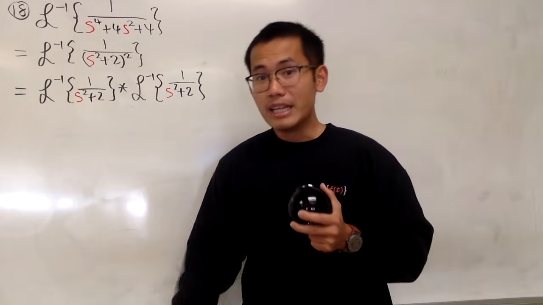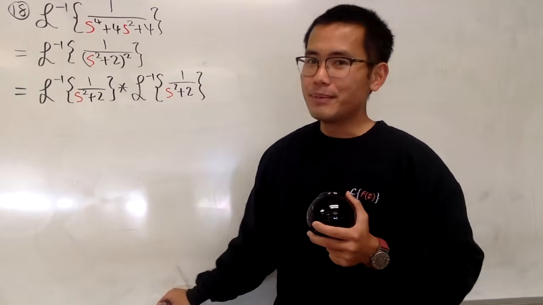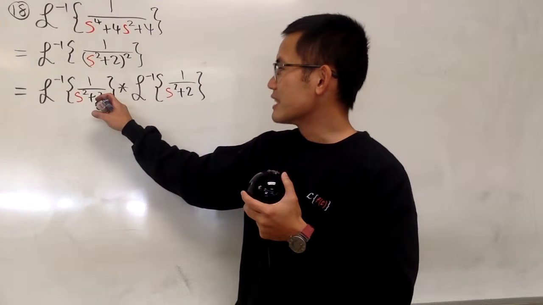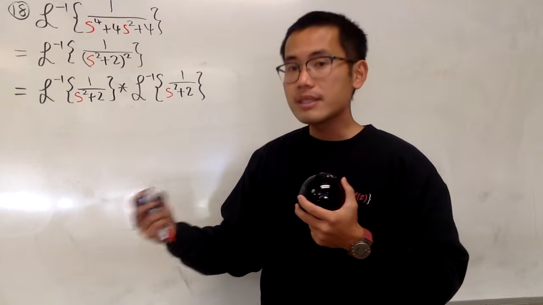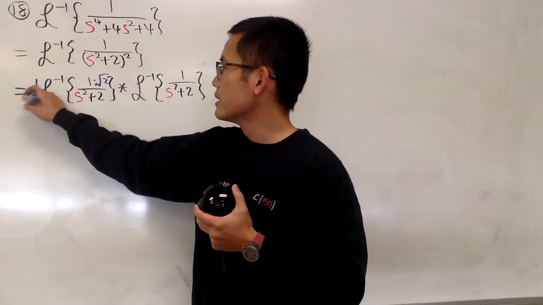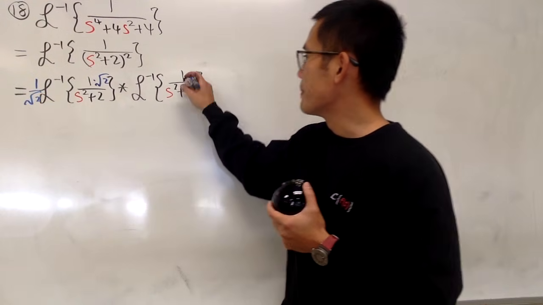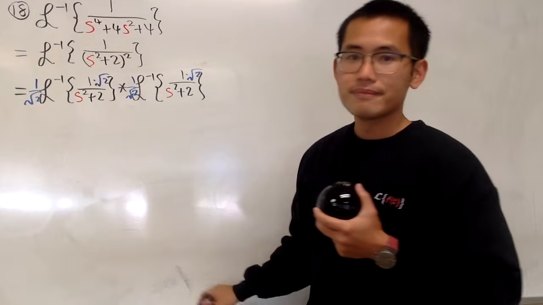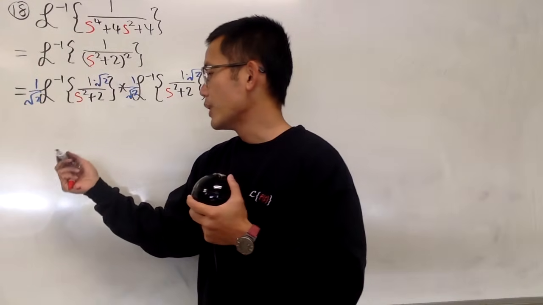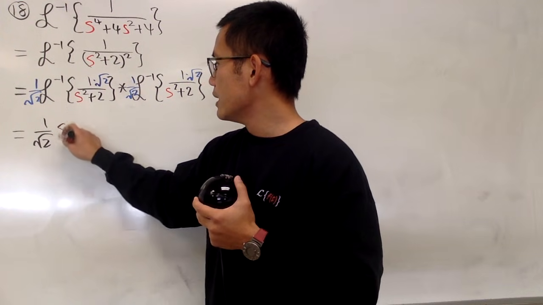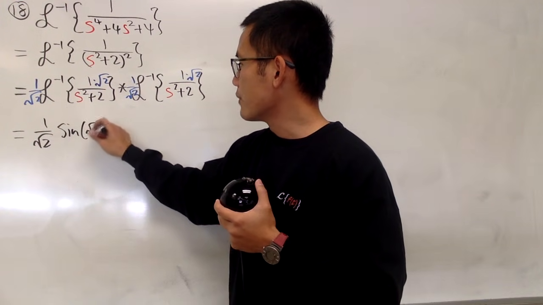What's this? Sine of something, right? I didn't put on just one, just to give you guys some more flavor. This is the same as square root of 2 squared. So on the top, I need to have the square root of 2. Likewise, divided by that, same thing, square root of 2. So for the first one, we actually end up with 1 over square root of 2 sine of square root of 2 t.